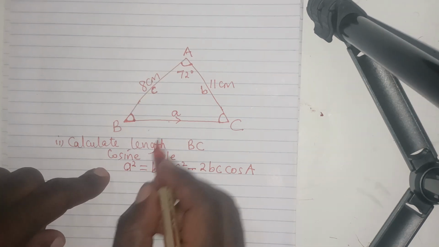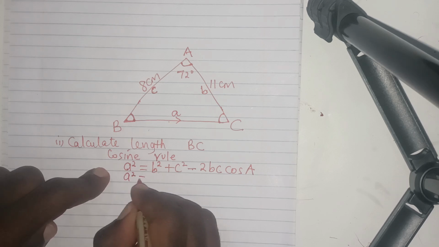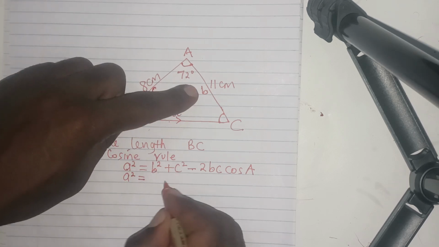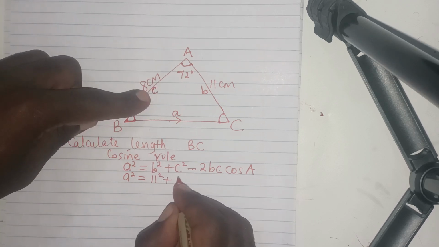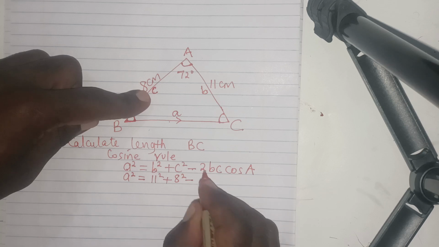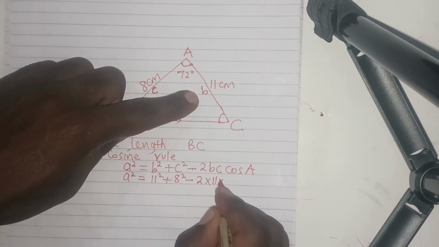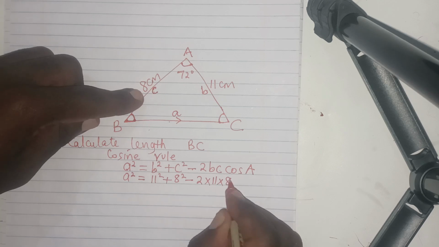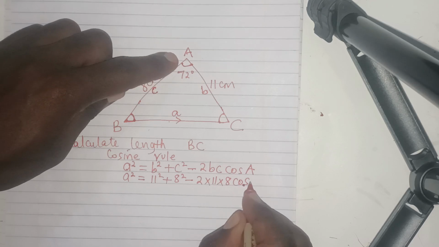Now, I'll begin. Of course, I don't know a, so I'll say a squared is equal to b squared. So I'll take 11 squared plus c squared, that is 8 squared, less 2 times b, that is 11, times c, that is 8, and then cos A, the angle at A is 72.